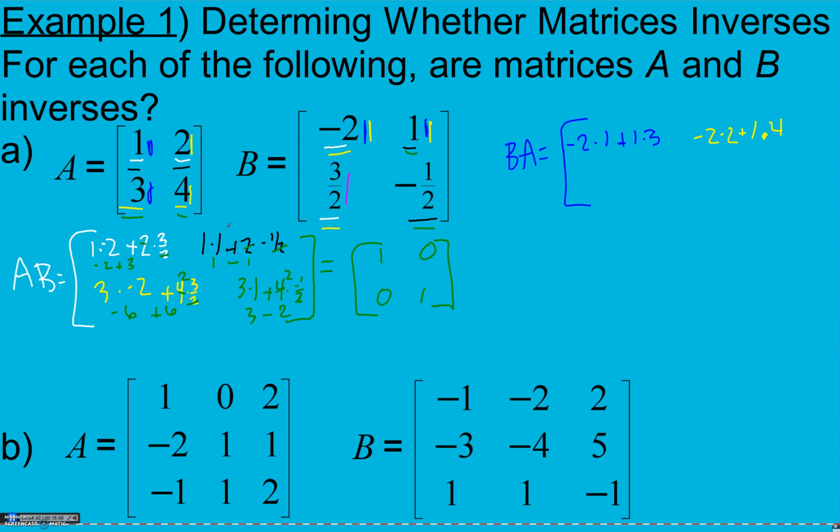Then 3/2 times 1 plus negative 1/2 times 3, and 3/2 times 2 plus negative 1/2 times 4.